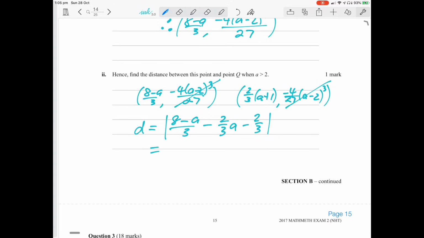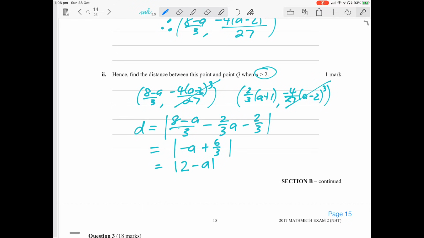Okay, negative a on 3 minus 2a on 3 is negative 3a on 3, which is negative a. And then I've got 8/3 minus 2/3, which is 6/3, which is 2 minus a.